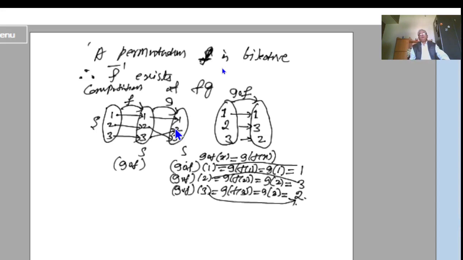Let me consider all possible permutations and find all the products here. We have S equal to 1, 2, 3.